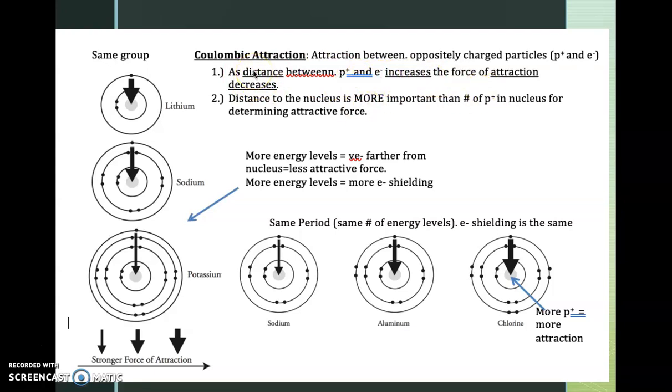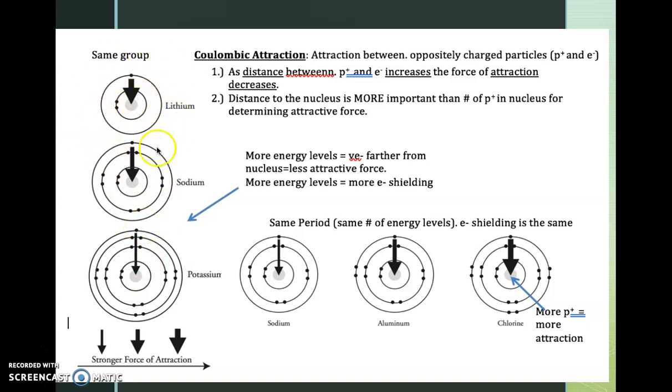So think of it kind of like a magnet. If we have two magnets that are really close together, we're gonna really feel that pull on the force. But as we move those magnets further and further apart, the pull that is felt is less and less. Okay, and that is because that distance is increasing. So when we go down a group, we are adding more energy levels, which means that distance is increasing, so our attraction is less.